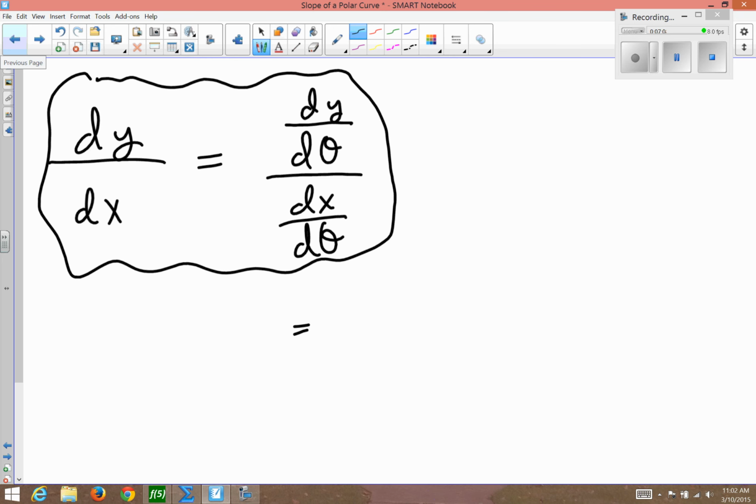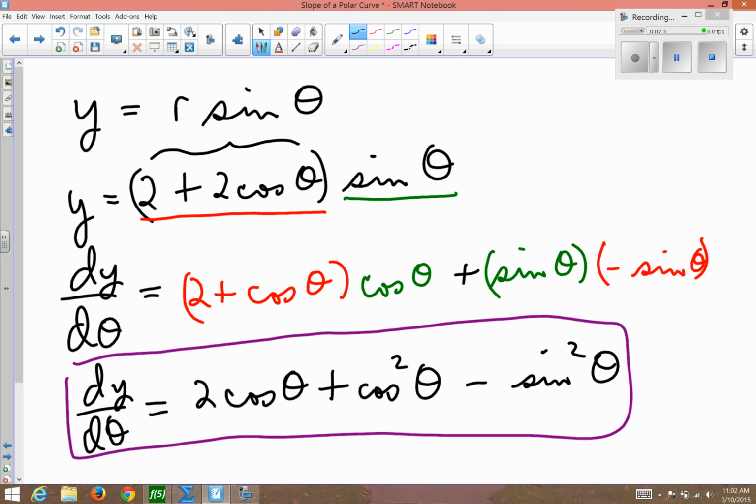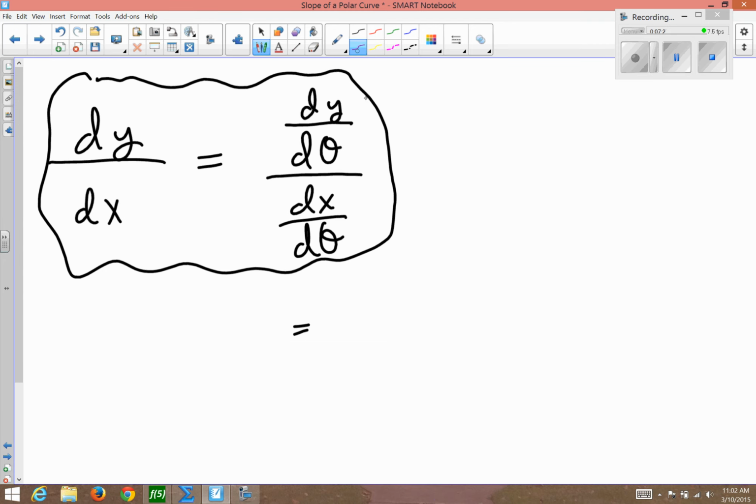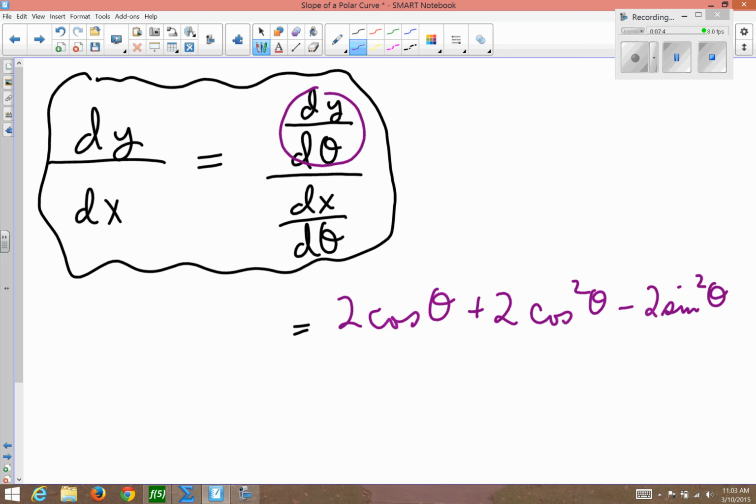This numerator, dy d theta, and I put a purple box around that. 2 cos theta plus cos squared theta minus sine squared theta. I want to double check that that's what dy d theta equals.